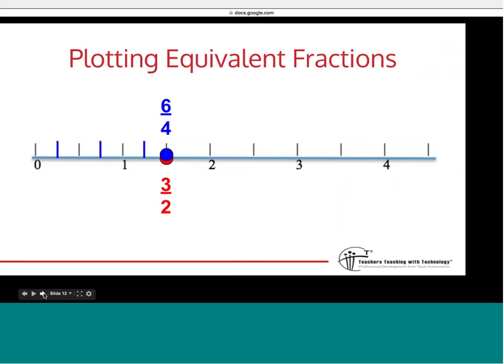Another equivalent fraction we had to 3/2 was maybe 9/6. So if we add that number to this number line, it also ends up at that same location. So yeah, y'all have great thoughts in the chat. They should land at the same place. They should be on top of the dot from before. Perfect. And this aligns with an important idea that Jennifer made earlier in the webinar, that two fractions are equivalent if they are located at the same point on the number line. So here we have an illustration of what equivalent fractions look like when we plot them on a number line.